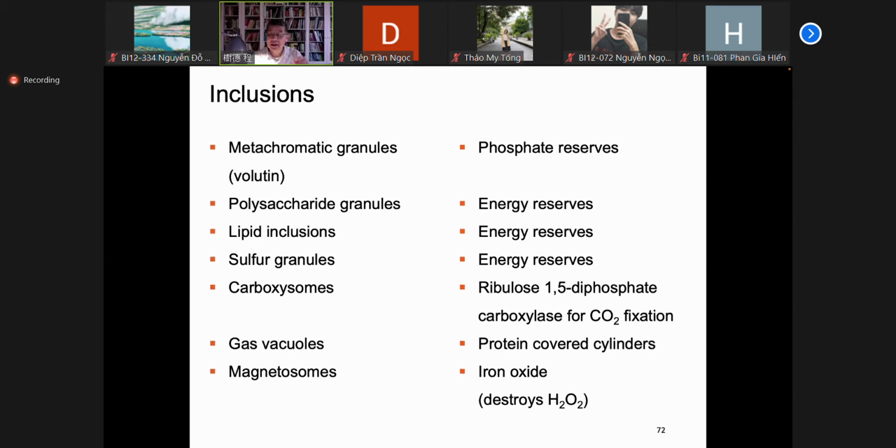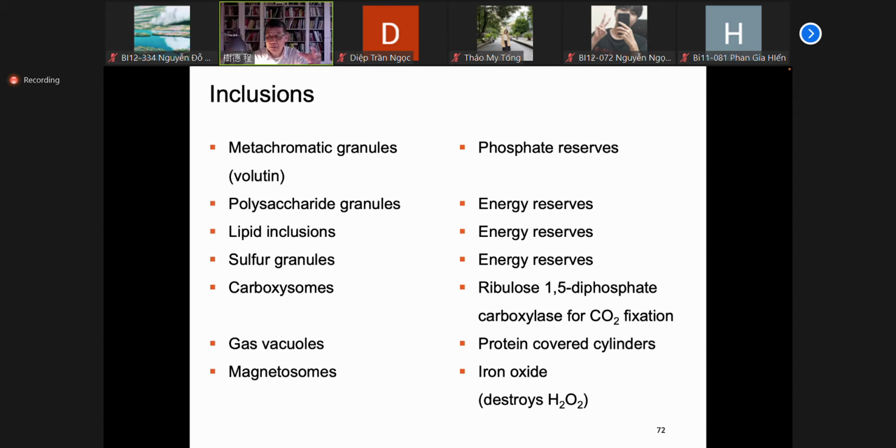Magnetosome means that it's a magnet. It forms a long chain of magnets. So it may be able to detect the magnetic field. So it knows where the top is or where the downside is, because bacteria do not have an eye.